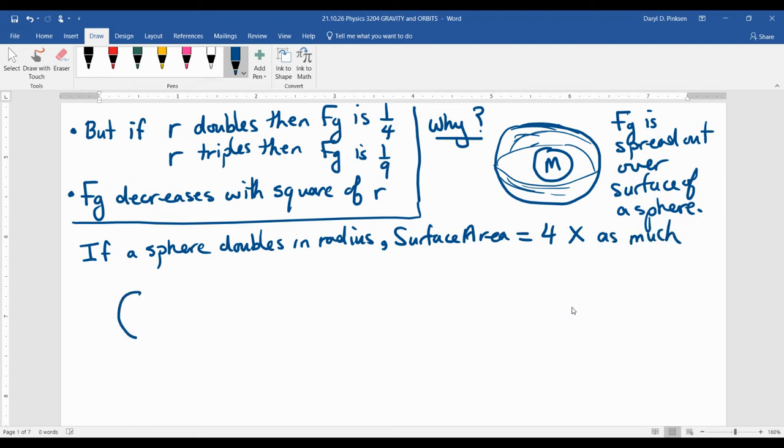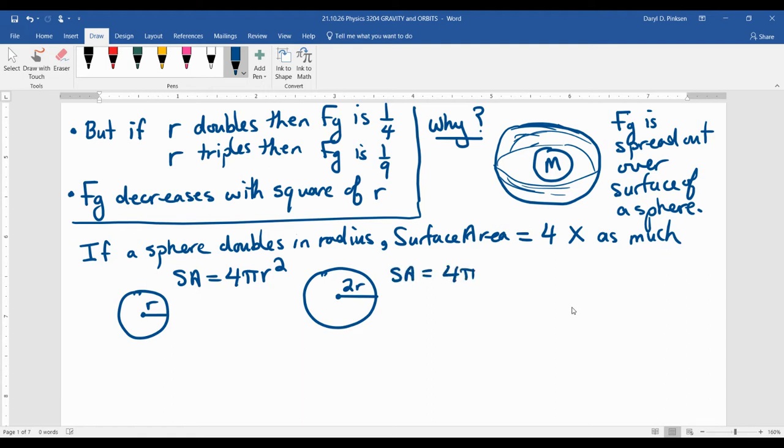Right? If you have a sphere with radius R, the surface area is 4 pi R squared. Now, if you double that R, if that's 2R, then the surface area will be 4 pi times 2R squared, which will be, here the 2 is going to square, 4 times 4 pi R squared. So the surface area will be 4 times the original.